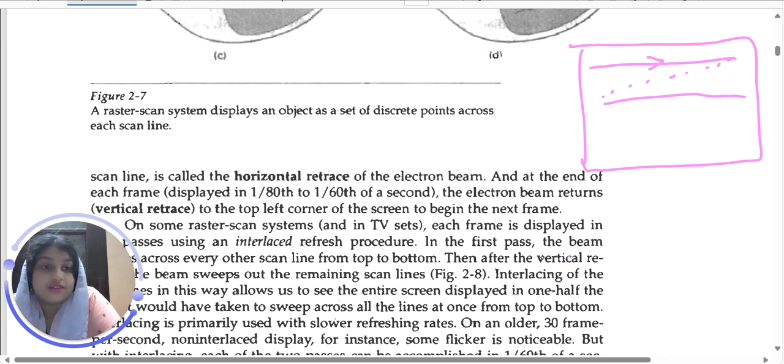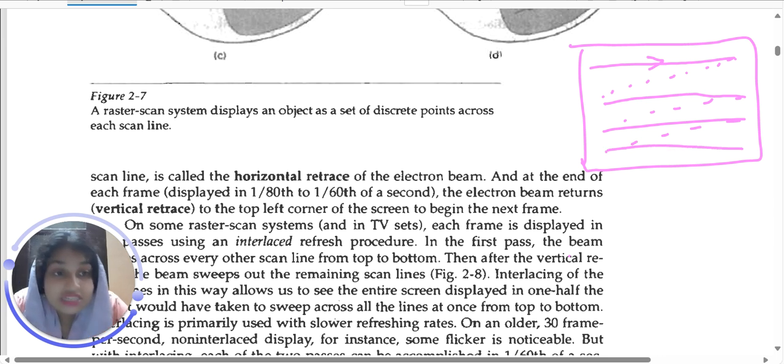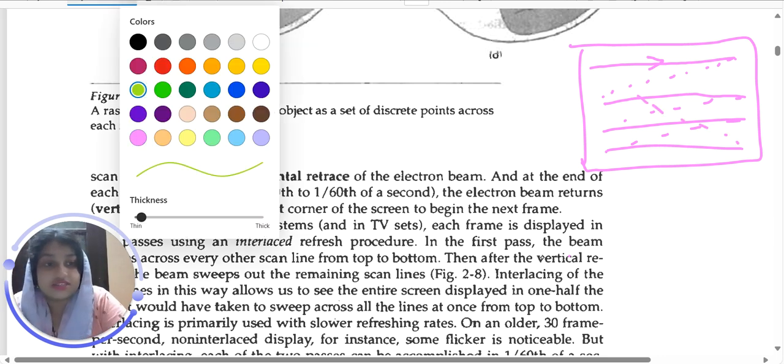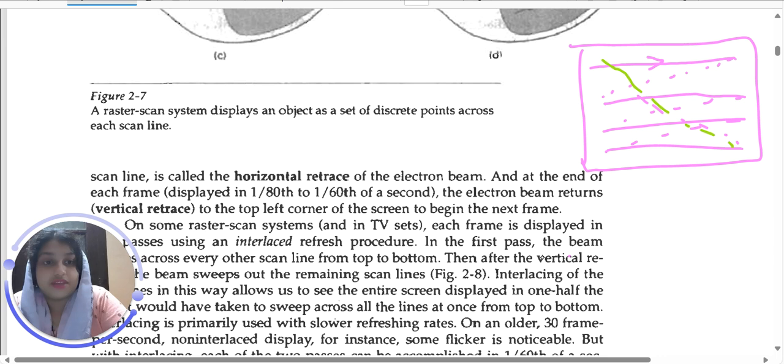And then it goes again, retraces, goes back again. Now when it reaches the end, it has to go back to the top, and that is what we call vertical retrace. So it is going back to the top left corner of the screen to begin the next frame.